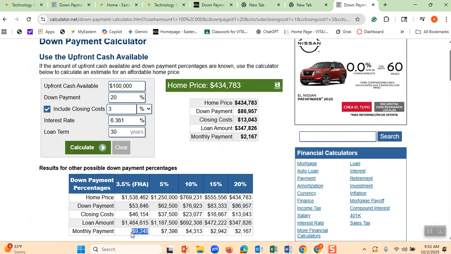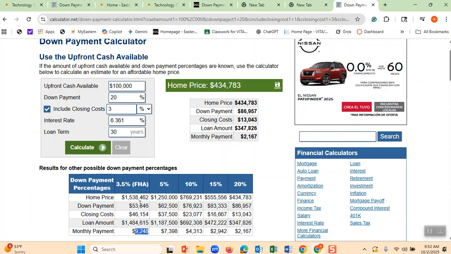A bank would multiply this number by 12. When they multiply, think about this 10,000 by 12, that's your annual payment. That is 120,000. They usually want your salary to be 3 times more than that annually. That means they multiply 120 by 3, $360,000.